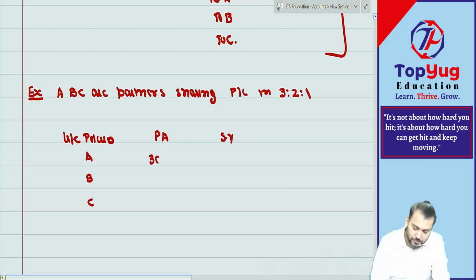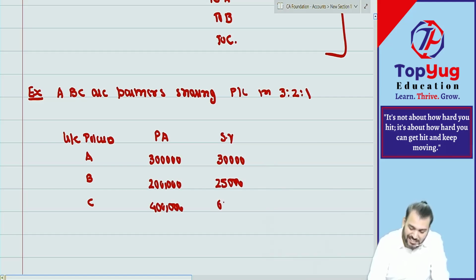Policy amount 3 lakh and surrender value, let us assume 30,000. Policy amount 2 lakh, let us assume surrender value 25,000. Policy amount 4 lakh, and let us assume surrender value 60,000. Correct? Understood?